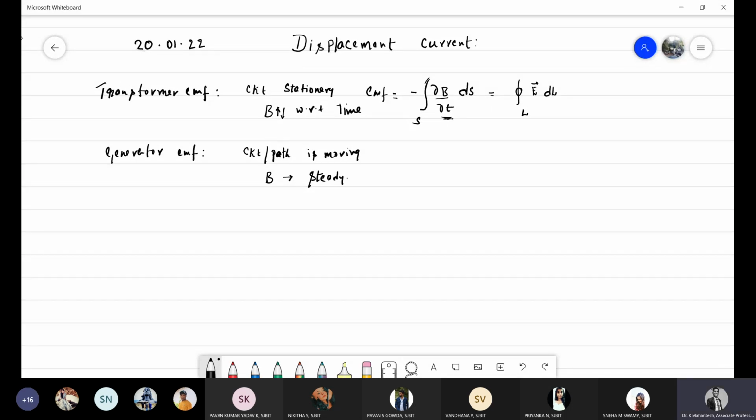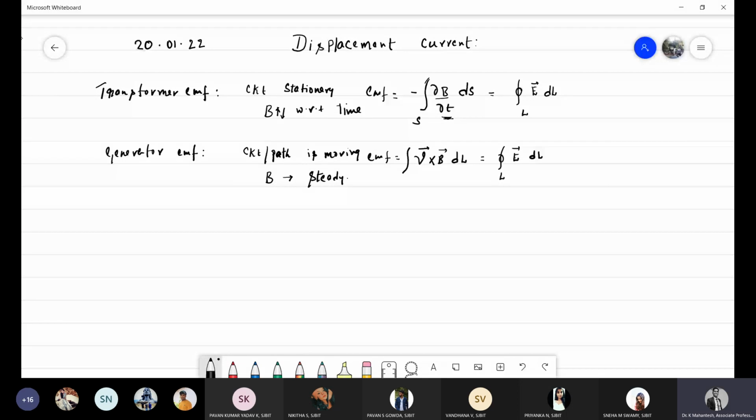And we have obtained the equation here: the integral of V cross B dot dl. This can be equated to the integral of E dot dl.